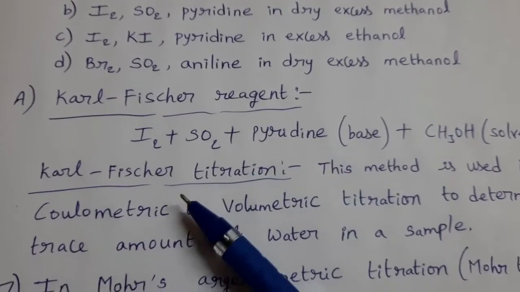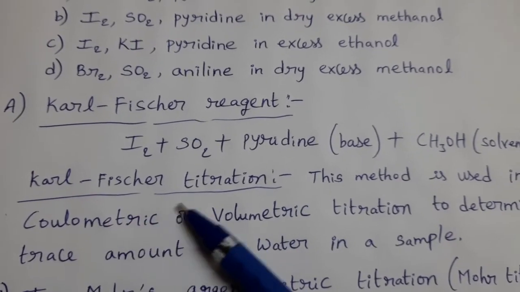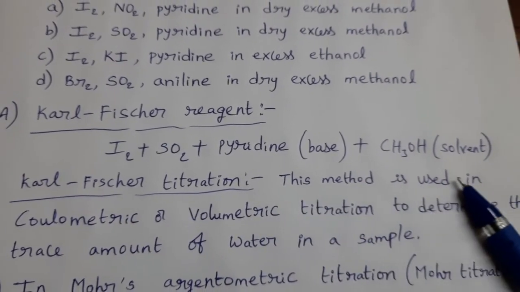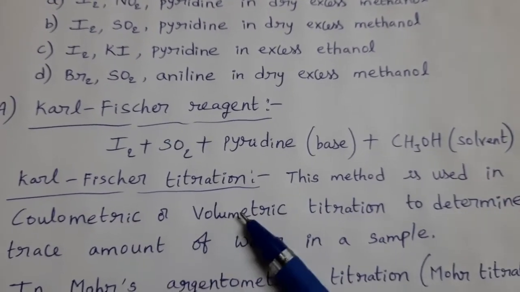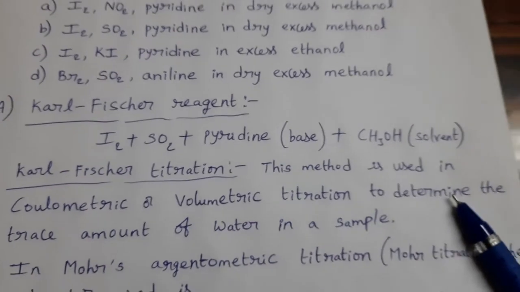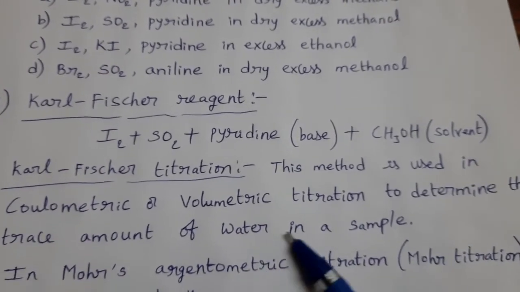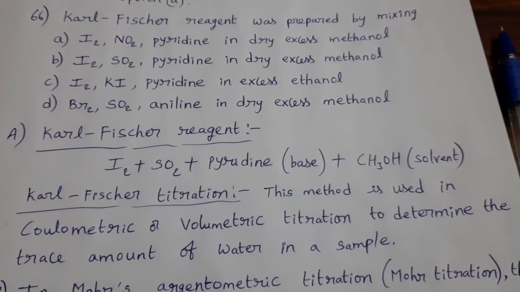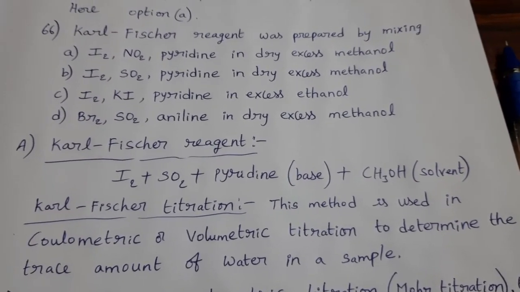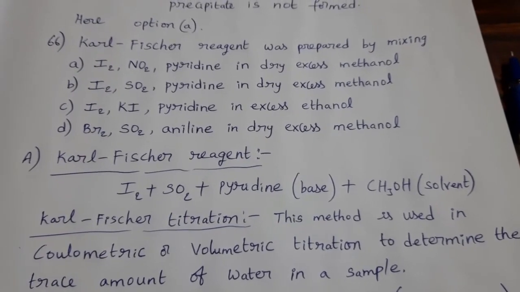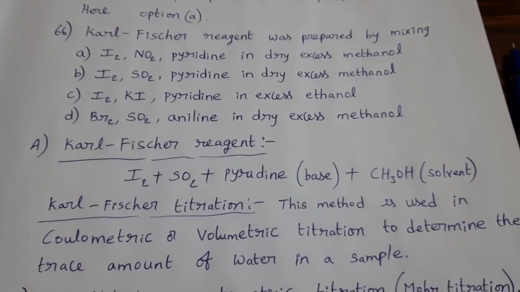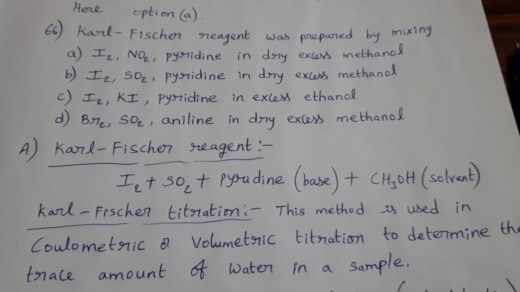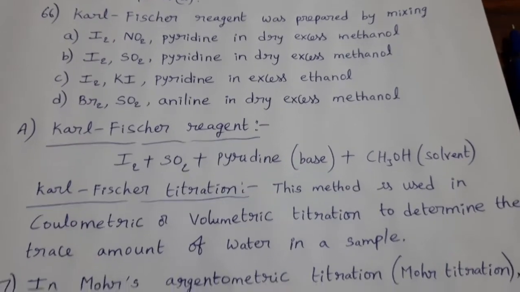It is used in titration, called Karl Fischer titration. This method is used in coulometric or volumetric titration to determine the trace amount of water in a sample. In a given sample, any small quantity of water present is detected by Karl Fischer reagent. So option B is the answer for this question.